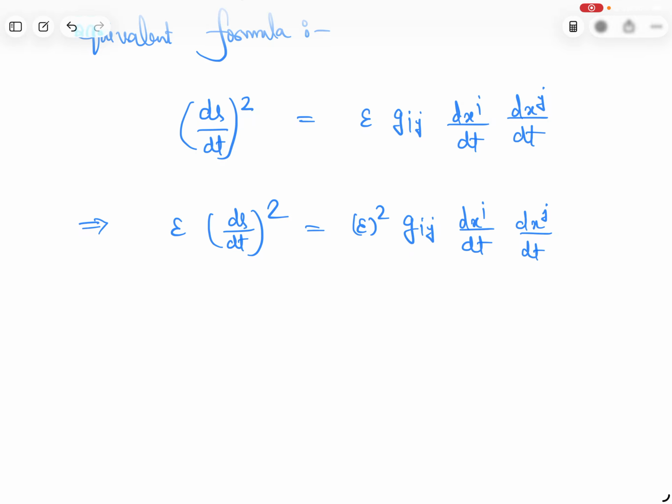Now we know that epsilon is equal to plus or minus 1. Epsilon can take either value, plus or minus. That means epsilon square is actually 1 anytime. So we can put 1 in place of epsilon square.